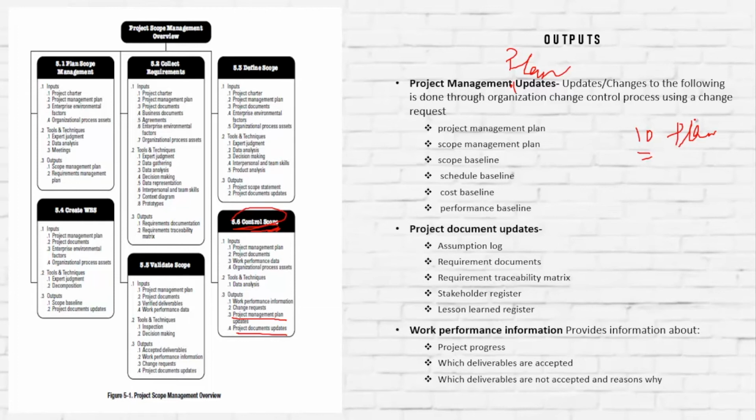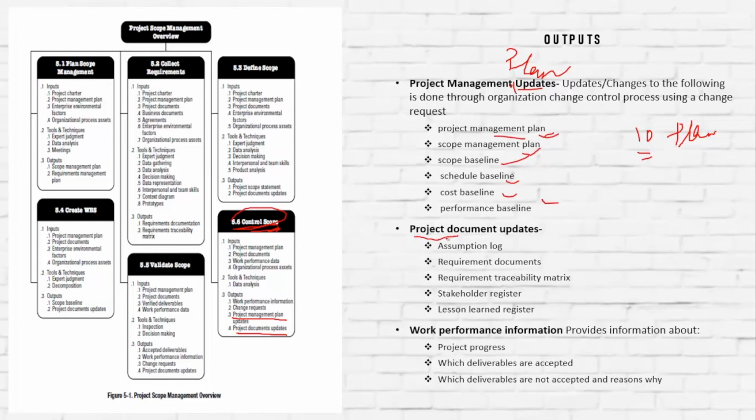We only get the real picture when the project is being executed. When we are trying to control and monitor everything, we find that this has been missed here, or this should be added here, or this should be taken off the list. That always happens, and this leads to updating of the project management plan.